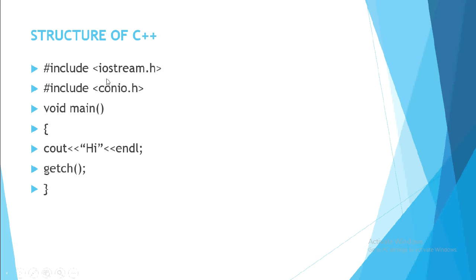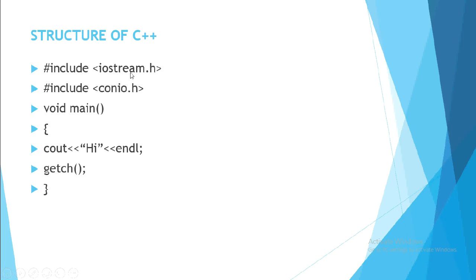Header files are files in every programming language in which some methods are stored, used to print output, do mathematical calculations, take input from the user, or many other things. For now, iostream is the input output stream. It has two objects, cout, for output, and cin, for input.